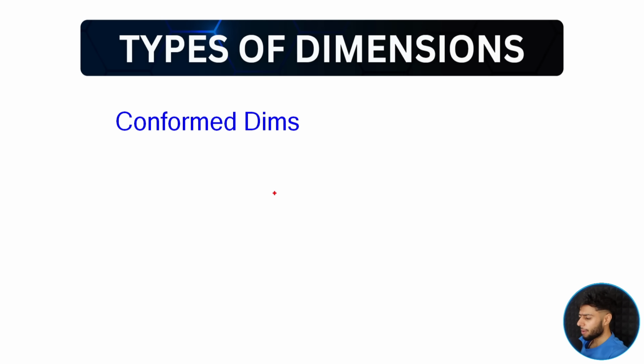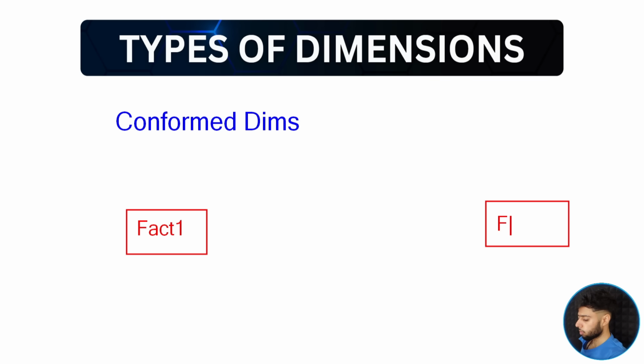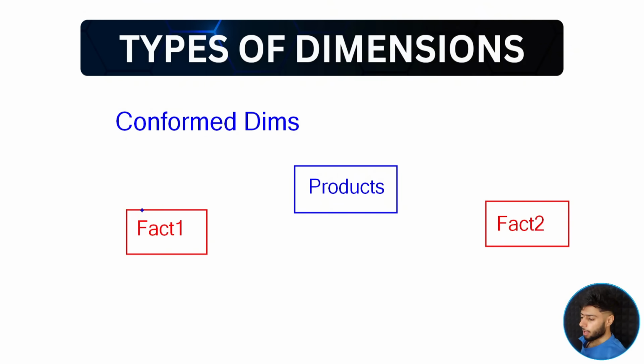So conformed dimensions means, let's say this is your fact table 1. This is fact table 2. Let's say this is orders, this is cancelled orders, anything. Then we have one dimension called products. Obviously, if I have a fact table for orders, I will connect it with the products table, which is a dimension.